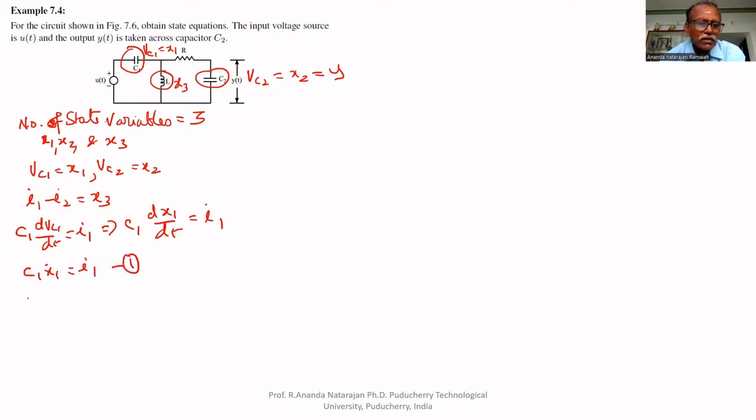Similarly, we can write C2 dVC2, the voltage across the capacitor, equal to I2. That implies C2 dx2 by dt equal to I2, or C2 x2 dot equal to I2. That is the second equation.